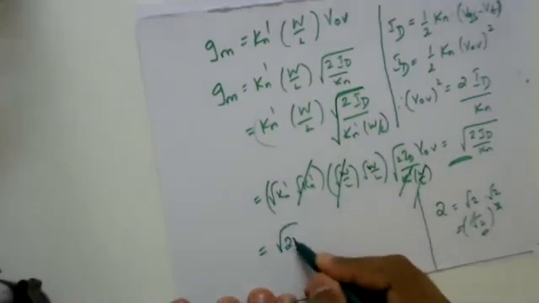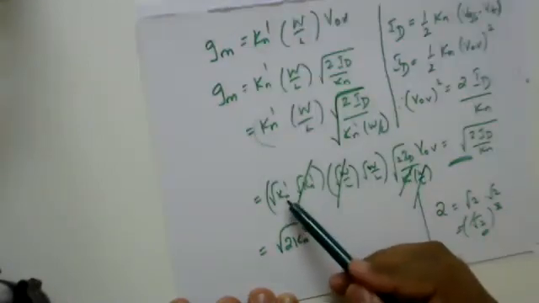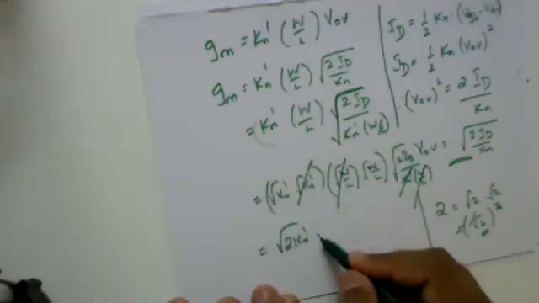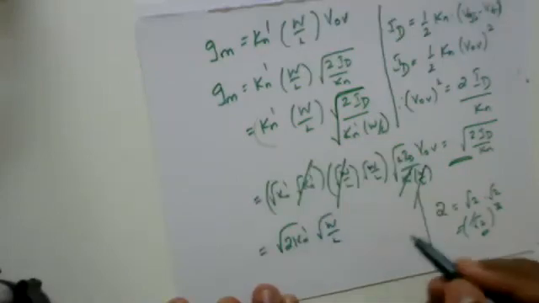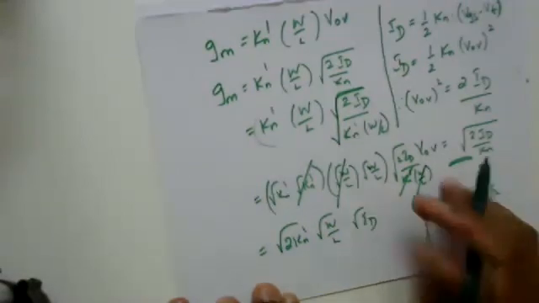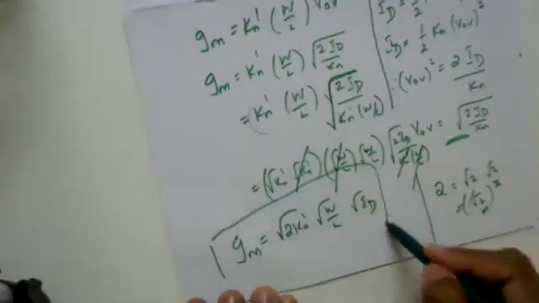square root of 2 times Kn dash. I've just taken this root 2 outside and merged it with this Kn dash. So it is root of 2 times Kn dash into root of W by L into the root of ID. So this is the expression for my Gm, the transconductance.